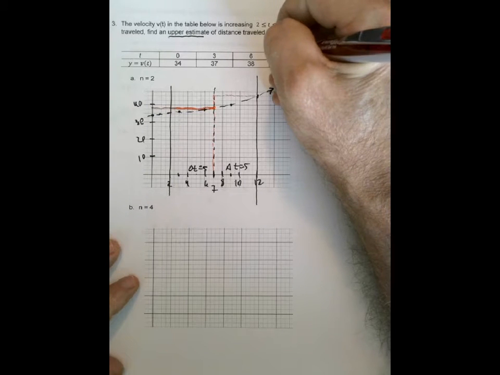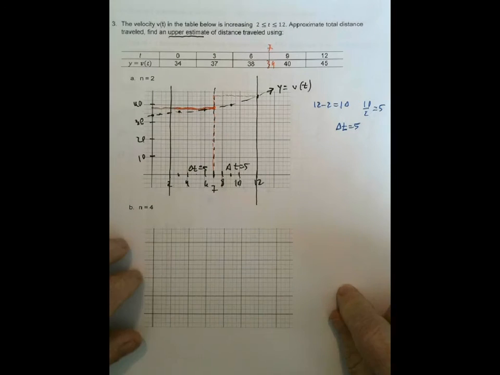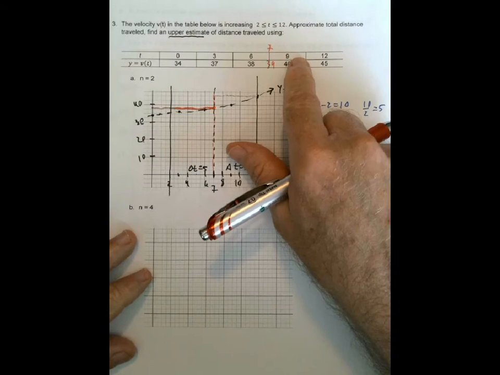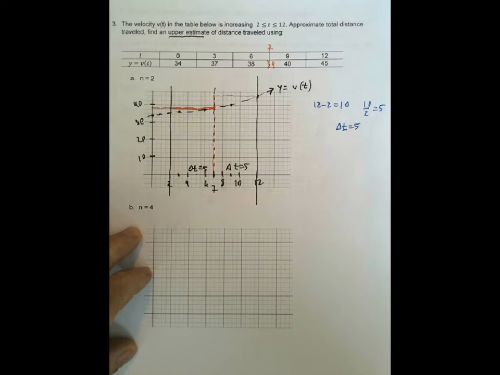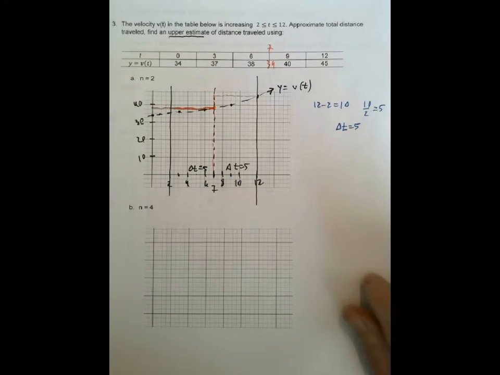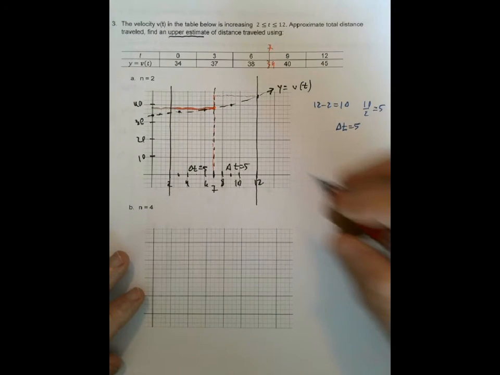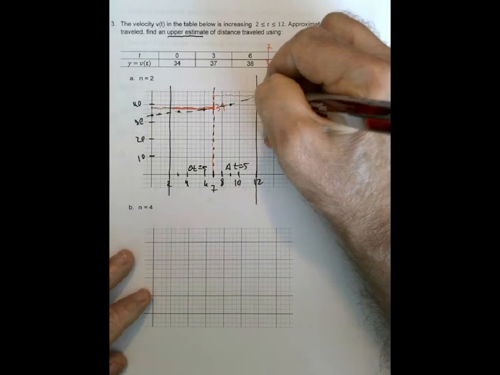What the heck? Let's call it 39, right? Because if t is between 6 and 9, the speed would have to be between 38 and 40. So let's call it about 39. It's close enough. So that means we're going to have two rectangles, one with a height of 39 and one with a height of 45.